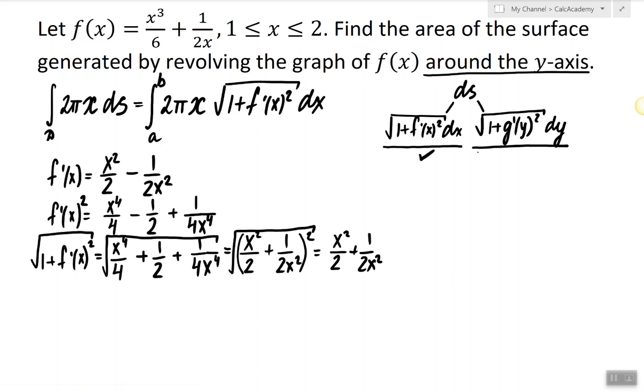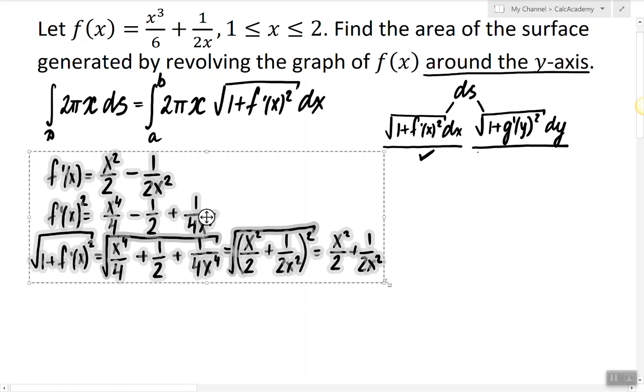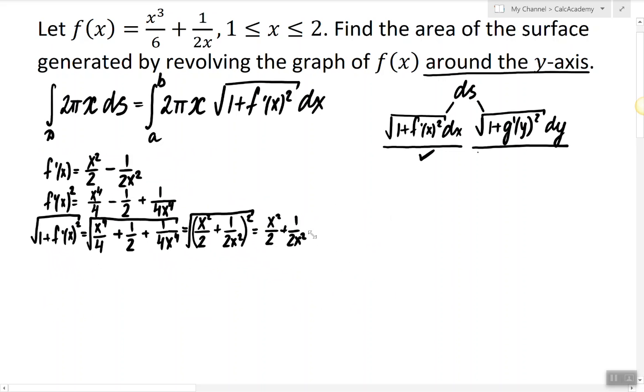We're going to have an integral from 1 to 2 of 2 pi x, and that entire square root is now x squared over 2 plus 1 over 2x squared, and all that is with respect to dx.